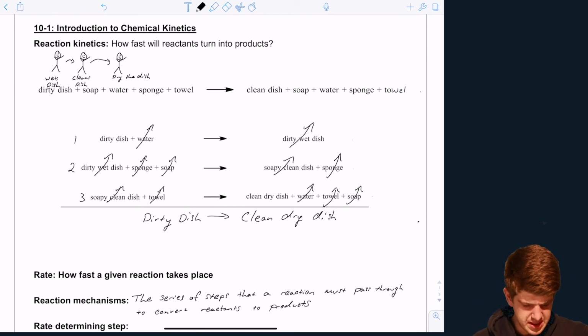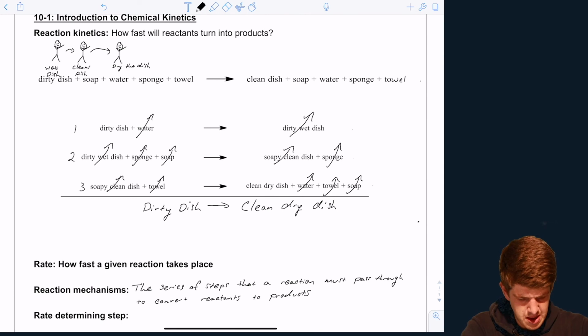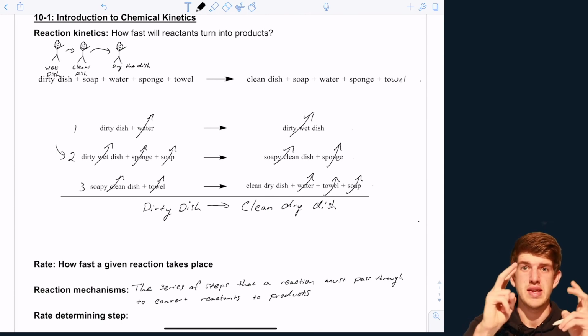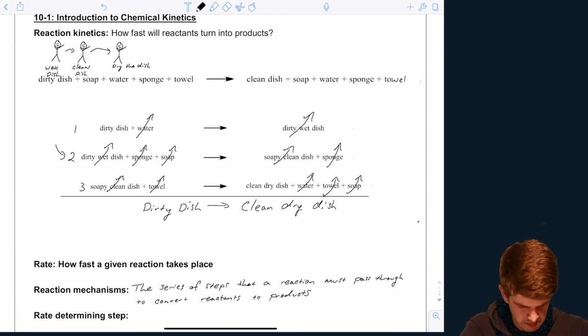And we also said that the rate is how fast a given reaction takes place. So we also mentioned what the rate determining step is, and so while the rate is how fast a given reaction takes place, the rate determining step decides the overall rate of the reaction based on what we call a slow step, which is which reaction takes the longest time to actually proceed.